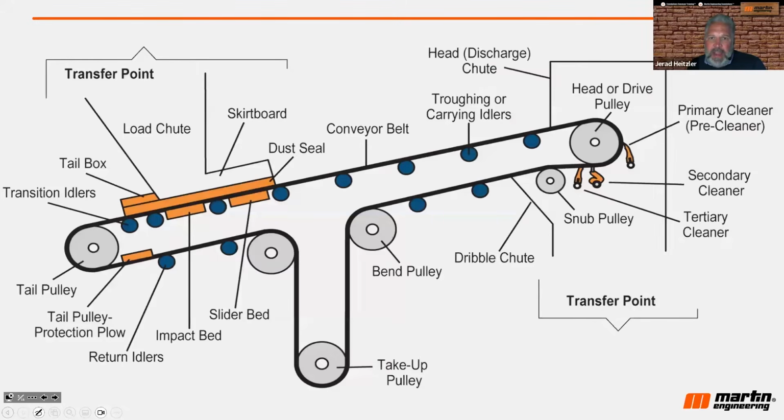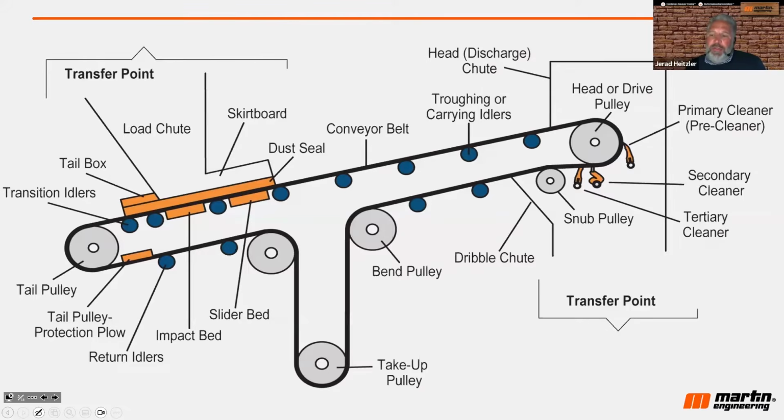If you don't have those, then your only terminal pulleys are going to be the head pulley and tail pulley. No matter how many terminal pulleys you have on the conveyor belt, if those terminal pulleys are not aligned, you're going to have some significant belt mistracking. So it's really important that terminal pulleys be aligned.